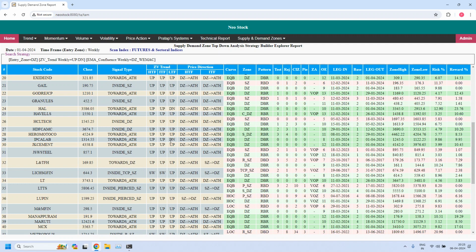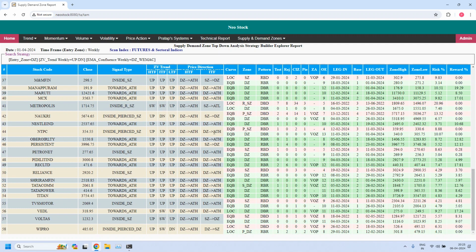There is one more, IPCA Labs. Let me further scroll down. Wipro is having downtrend. So total 3 stocks filtered, having downtrend, but demand zone is having weekly EMA Confluence.